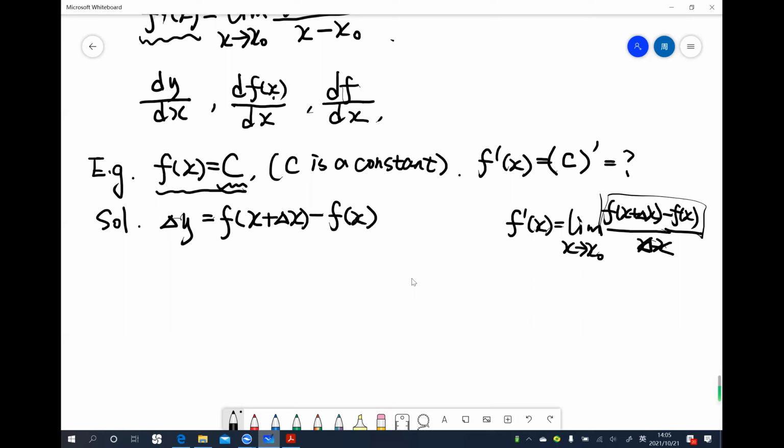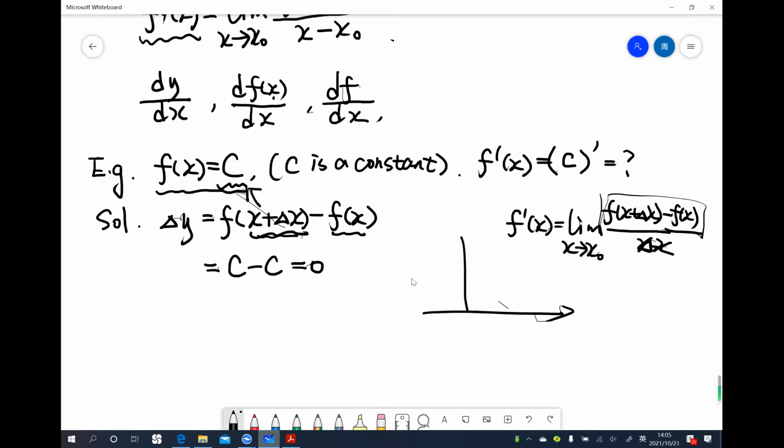That means no matter which value you put in this function, it always equals c, right? So f(x plus delta x) equals c, and f(x) also equals c. So we get delta y equals c minus c equals 0.